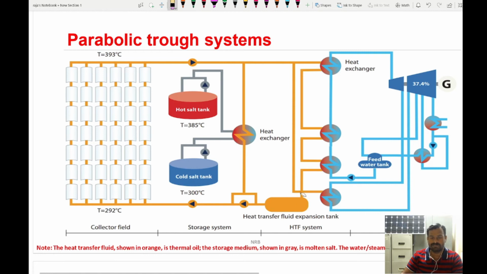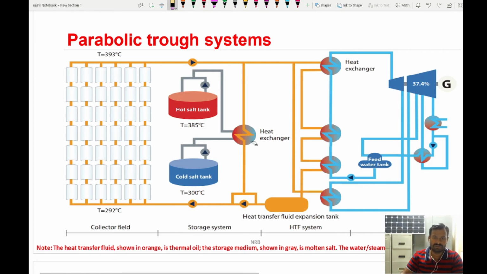Now again the heat transfer fluid is passing through the heat exchanger, and it is going to absorb the heat energy from this molten salt. In the previous case, it was giving the heat energy to the molten salt. Now it is going to absorb the heat energy from the molten salt.